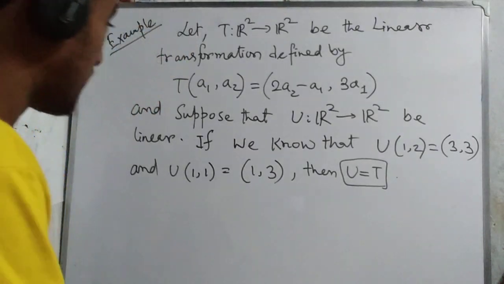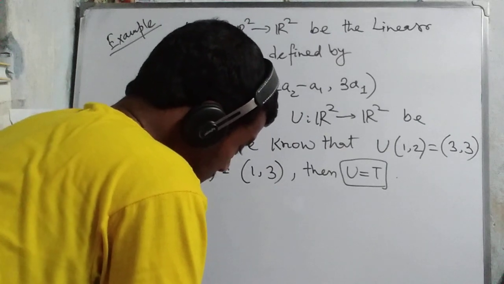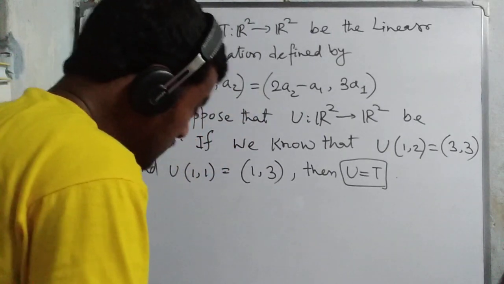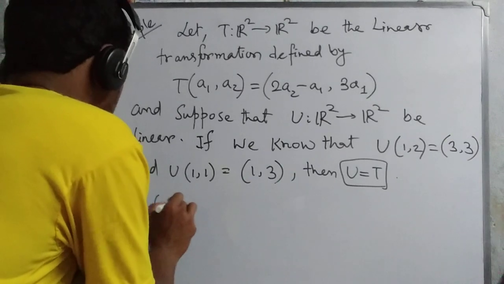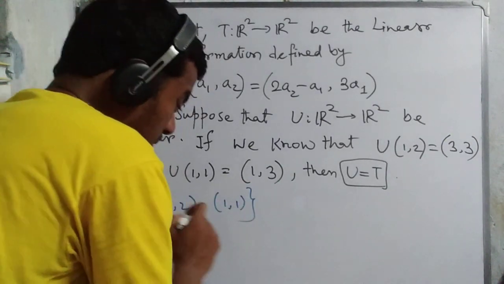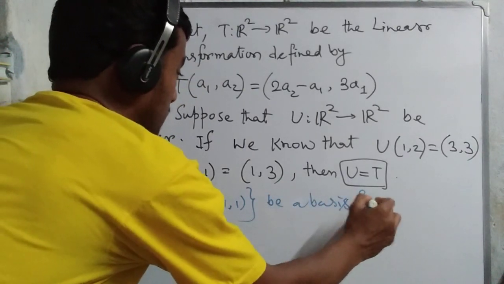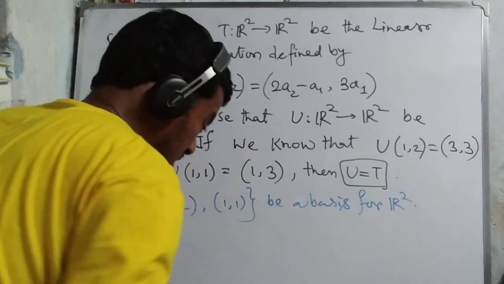Why does this happen? Obviously we write it in this way. This (1, 2) and (1, 1) be a basis for R².